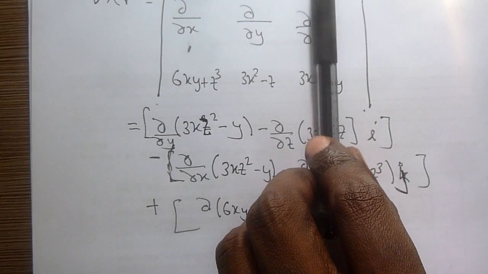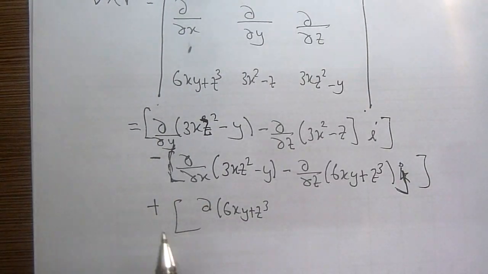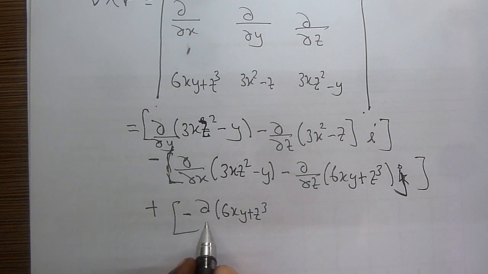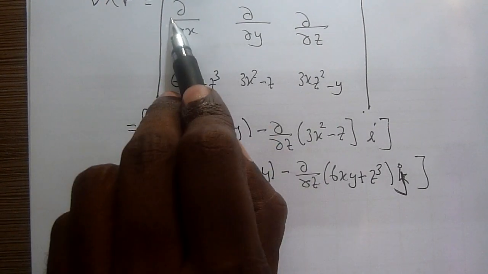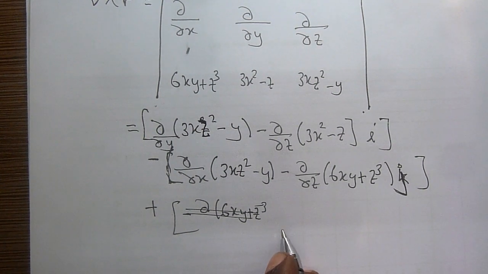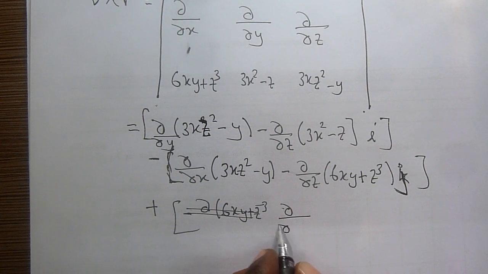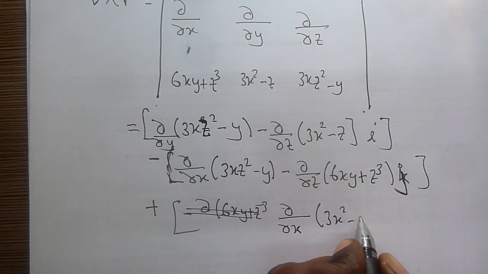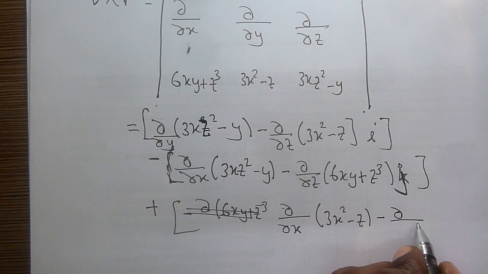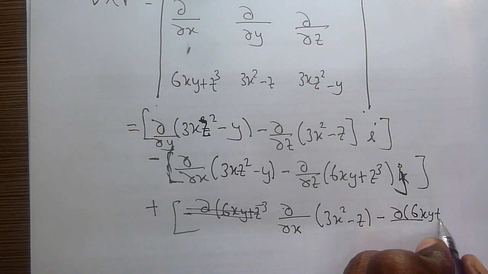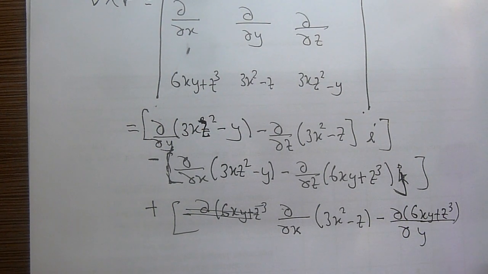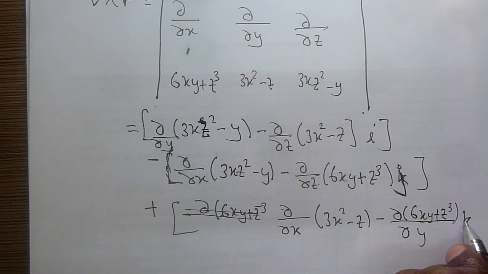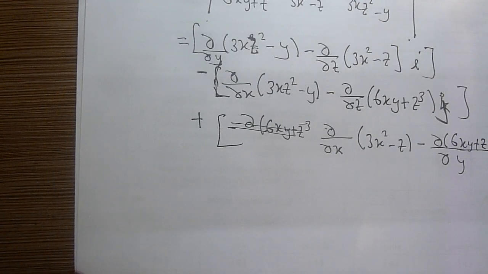Let me cut this to avoid confusion, then you just multiply times this and times this. Therefore it's easier to write del x of 3x^2 z minus del y of 6xy plus z^3, and overall this will be called k. This is simple.